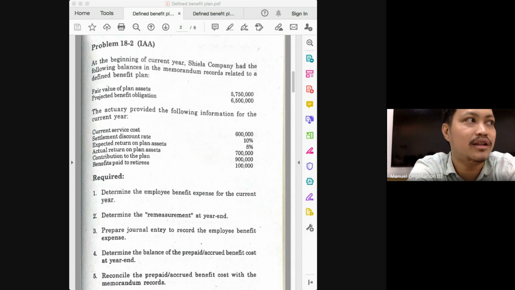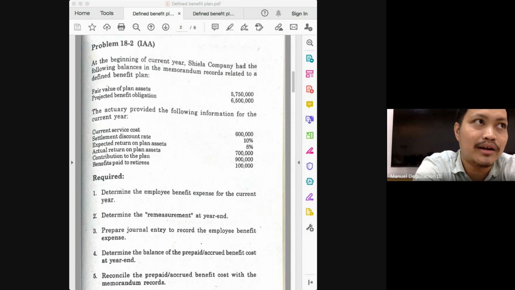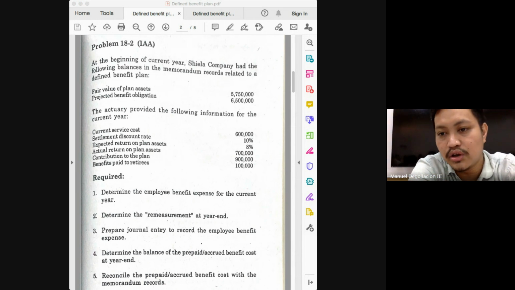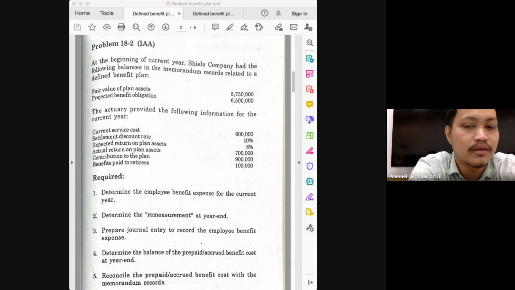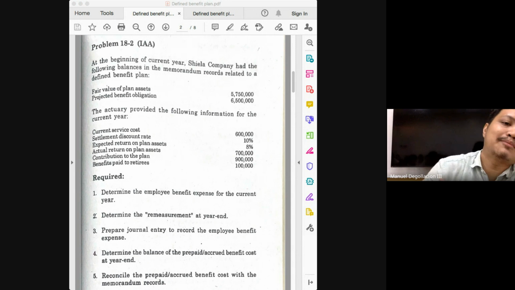Why am I deducting the 125 remeasurement? Because it's a gain. It will be a reduction to your total cost. So 675 minus 125, how much will that be, class? 550. So our total defined benefit cost is 550,000.